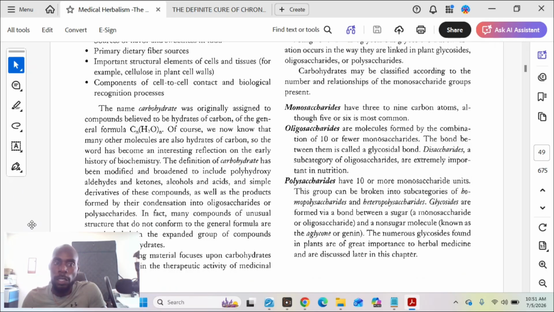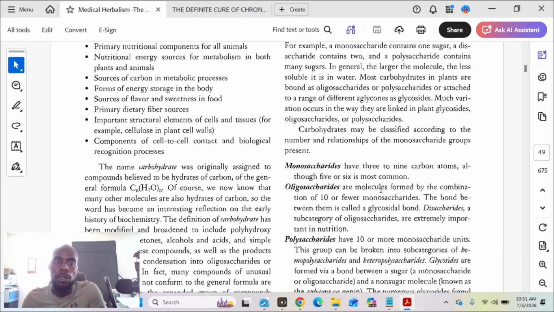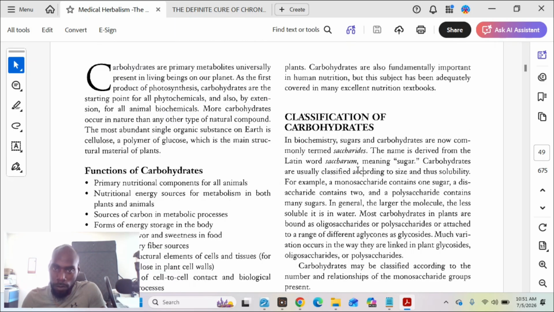The other two, the oligosaccharides and polysaccharides. You can take a moment, pause it, read it, and all of the information that's going to be produced here will be added to the description as well. In biochemistry, sugar and carbohydrates are now commonly termed saccharides.